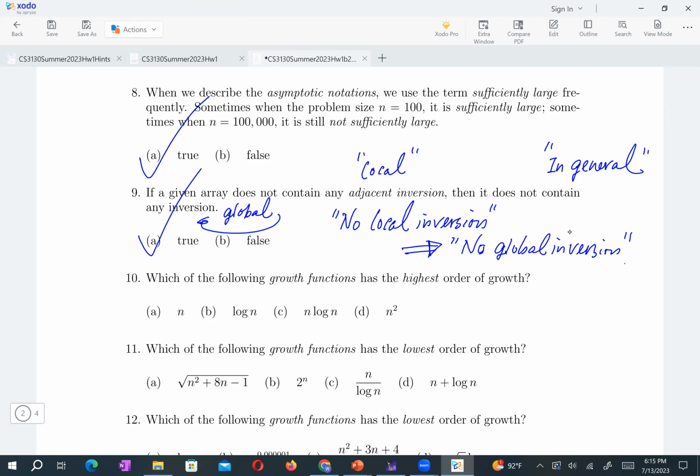So what do I mean in general? In general, no local property, here I replace inversion by certain property, some special property.